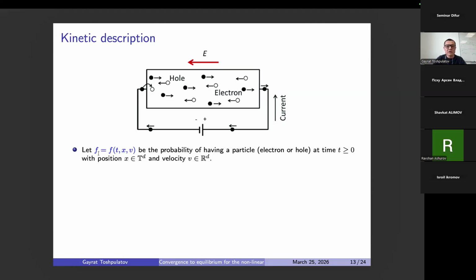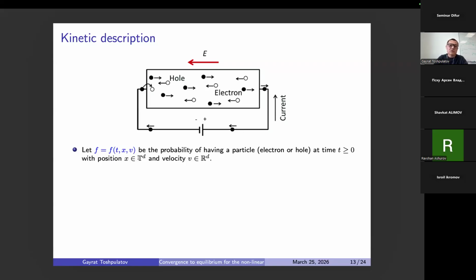Again, we consider the distribution function of these electrons or holes. Let f, a function of t, x, v, denote the distribution of these particles. It means f is a probability of having a particle at time t with position x and velocity v.